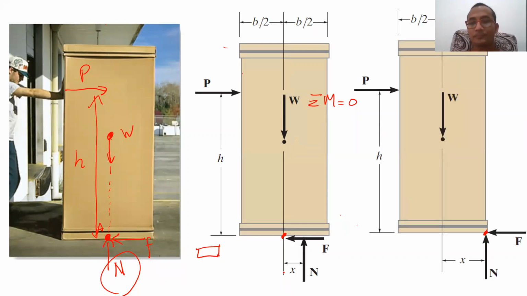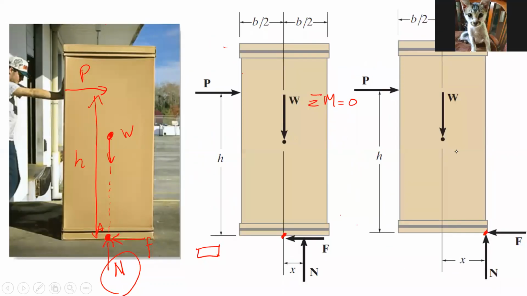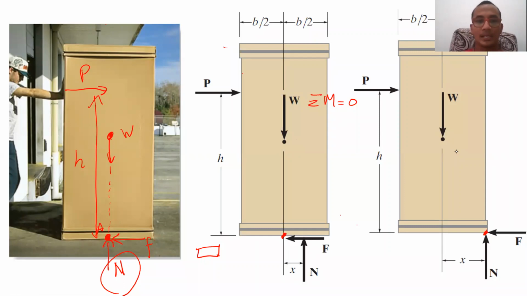And yesterday I told you as well that if we want to know whether the thing is tipping or not, the definition of tipping is instead of sliding to the right, it tips at this particular point. So it rotates at that particular point.